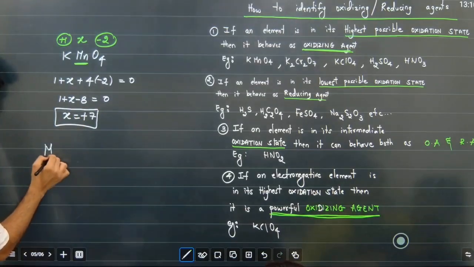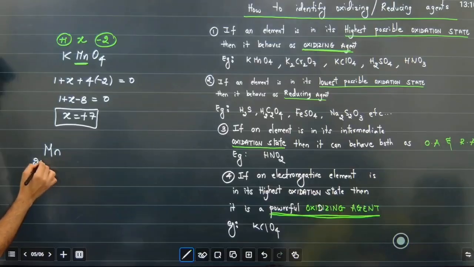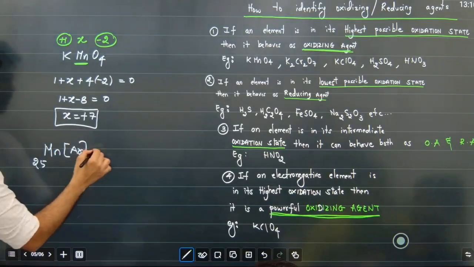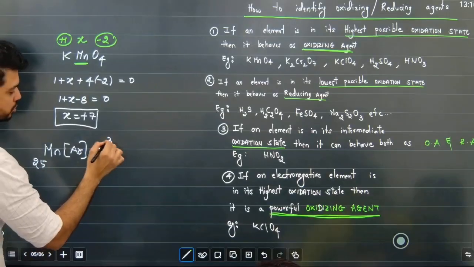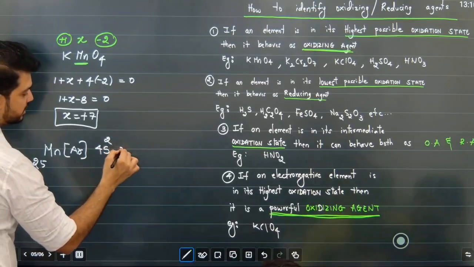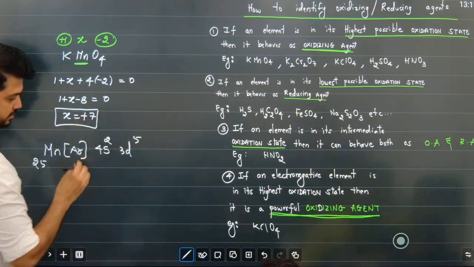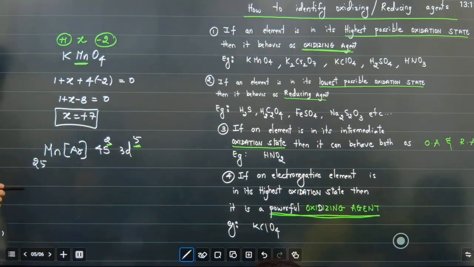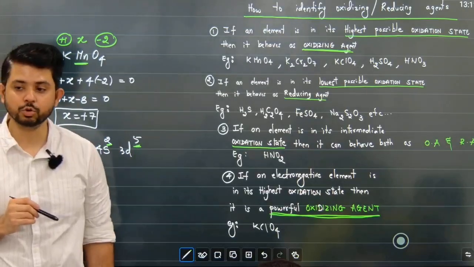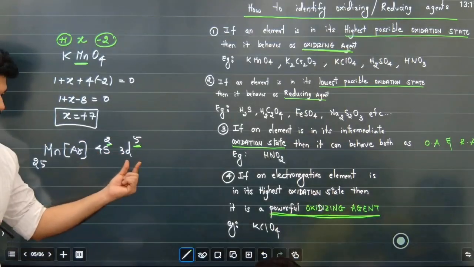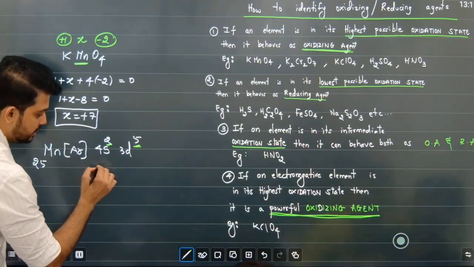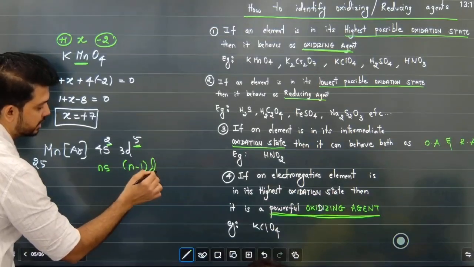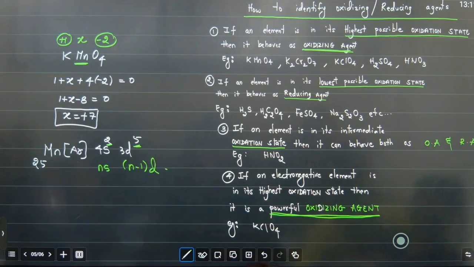If I look at manganese, atomic number 25, electronic configuration argon 4s2 3d5. The maximum oxidation state which a d-block element can show is the sum of the electrons in the ns and n-1 d orbitals.